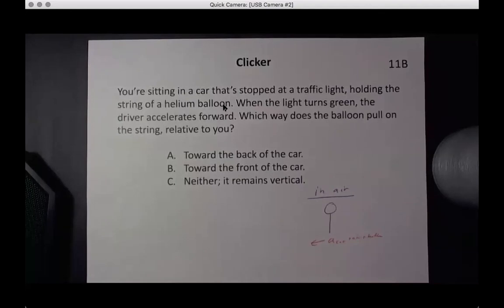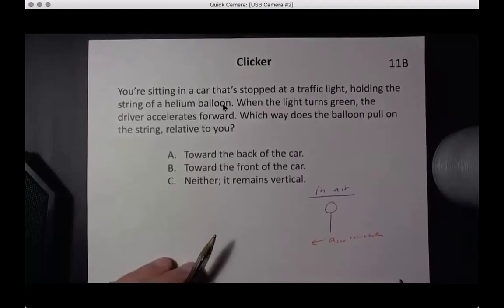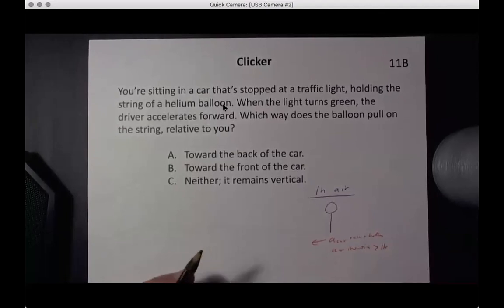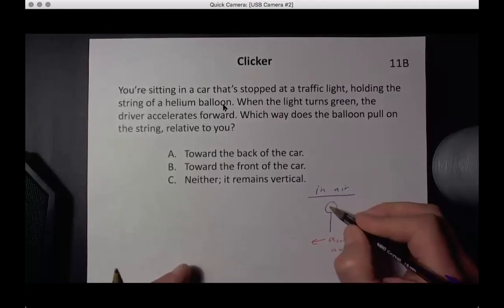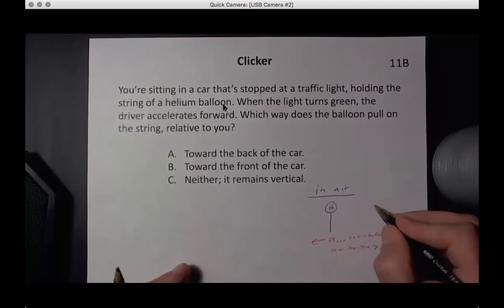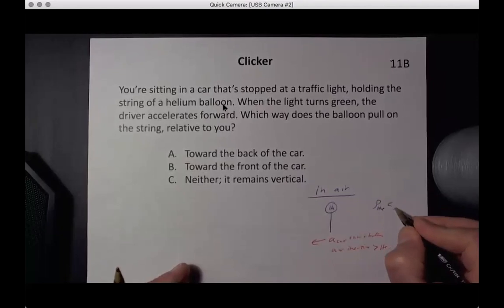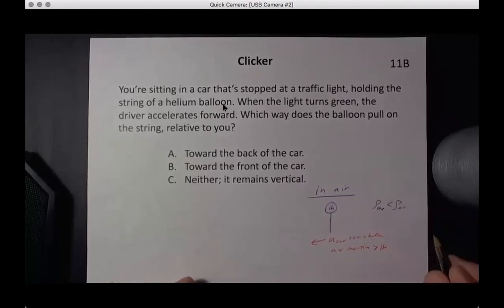And so the air inertia is bigger than the helium. This is helium in here. And the density of helium is less than the density of air. How do you know?